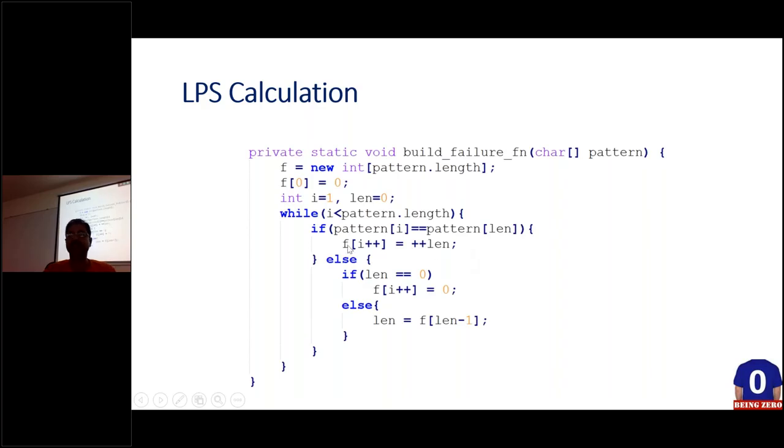Then length plus plus, we are storing it. If we are not able to extend, then go and check its previous border length, length minus 1. And again, keep checking whether we are able to extend or not. I leave this. If you trace this, you will see that whatever we discussed, that is the algorithm.